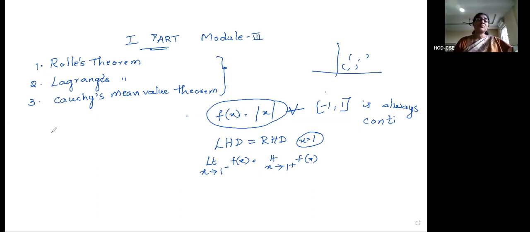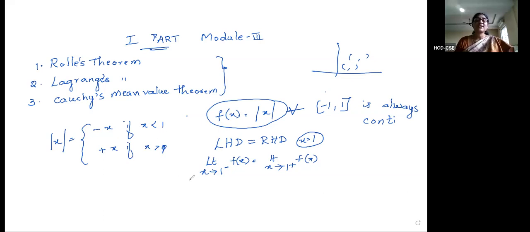You all know that the mod function takes two different types of values: minus x if x lies in the domain less than 1, and plus x if x is taken greater than 1. Of course, it becomes 0 when x is equal to 0. So two types of values it accepts.